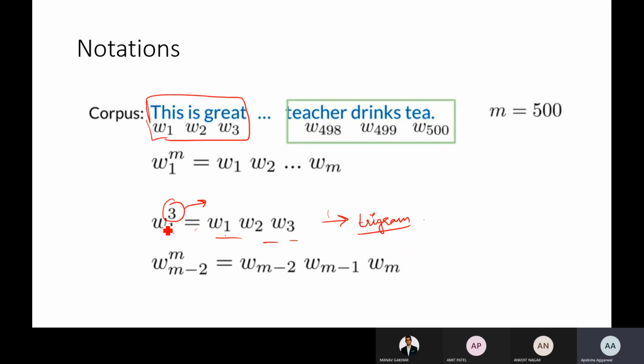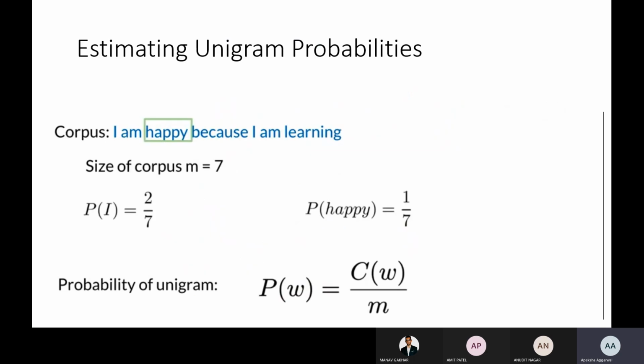For example, 1 to 3 means 1, 2, and 3. So this is a lower index and a higher index. If I'm taking m minus 1 to m, this is again a trigram with three words. So this is the index notation that we are going to follow throughout.